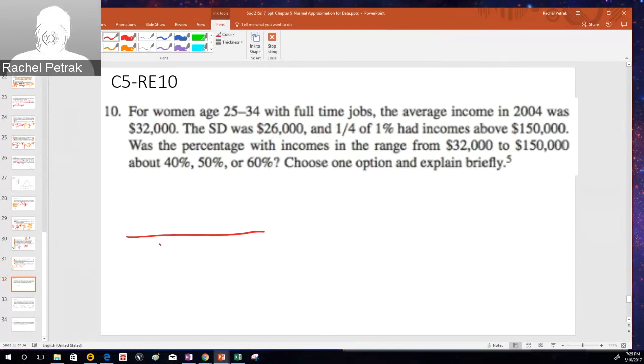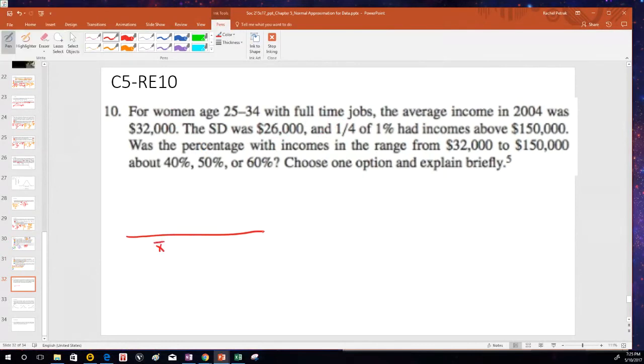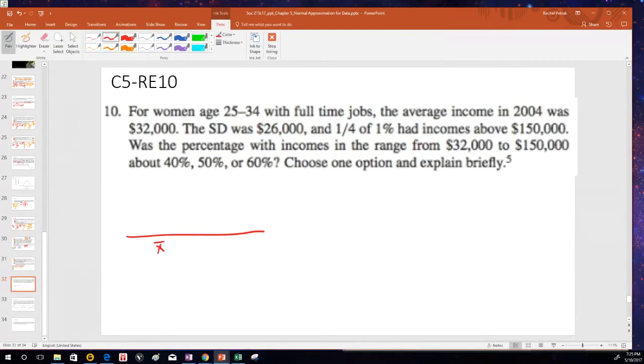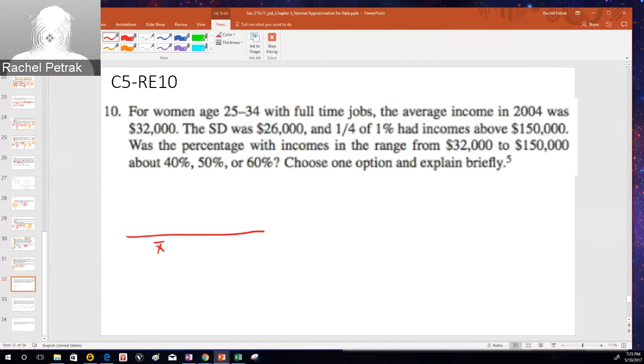If our average is going to be around here, how do I know this can't be normally distributed? Well, I'm going back to that idea that 6 standard deviations is going to contain the whole data set, and we would expect then approximately 3 standard deviations below the mean. If the mean is $32,000, that's obviously not possible if the standard deviation is $26,000. So we know we have incomes way out here at $150,000.